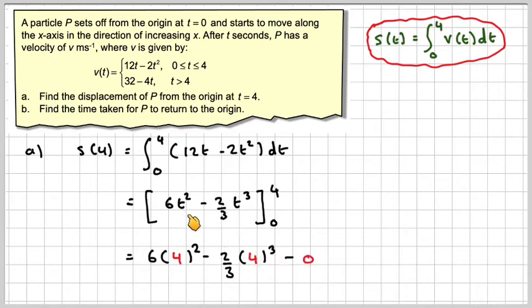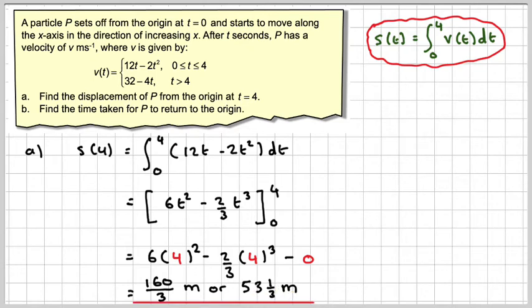Just check that 0 doesn't actually give an answer, particularly if it's something like cos or e in there. So that gives me 160 over 3 meters, or 53 1/3 meters. So in the first 4 seconds, the displacement will be 53 1/3 from the origin in the positive direction.